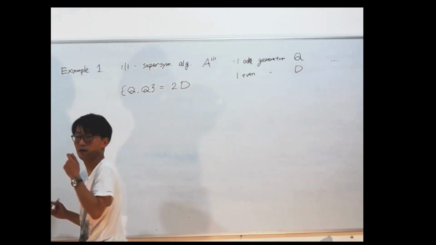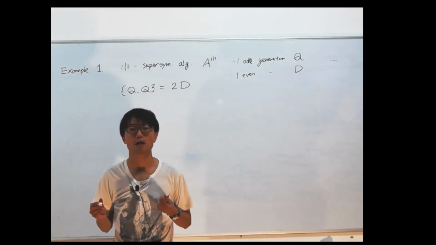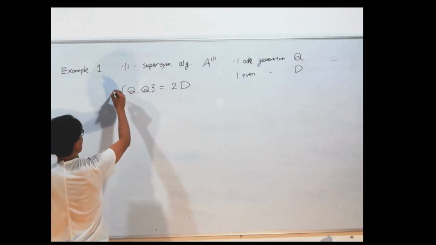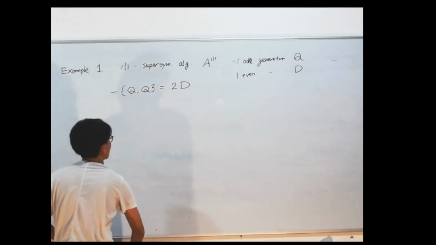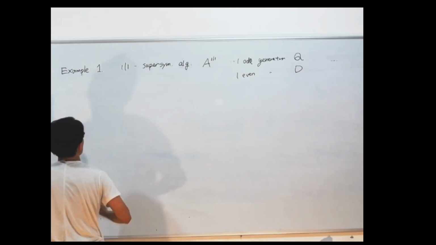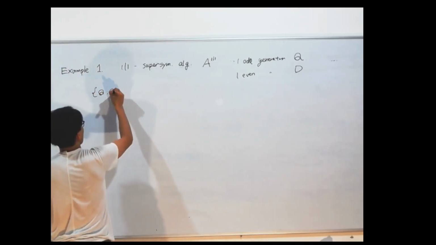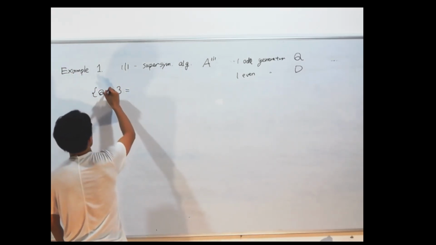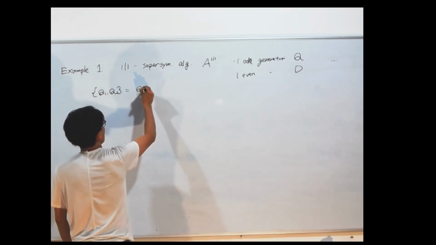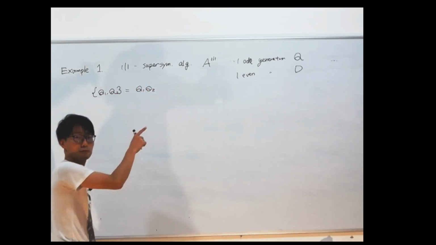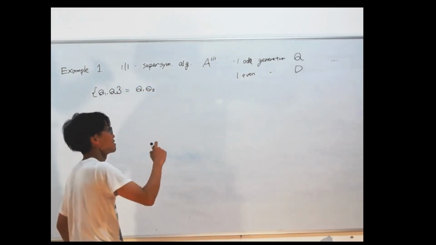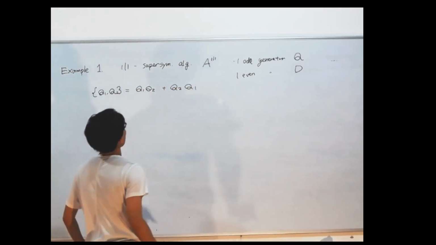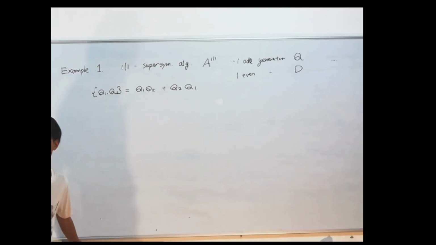So let's take, again, the coordinate. This bracket means, in general, this means one, because I put bracket S. This is just the anti-commutator operator.